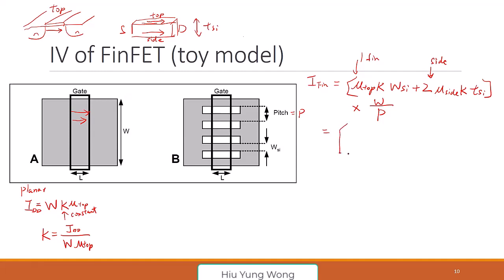I just put in K. So I know K equals, let me take out the K, mu top WSI plus 2 mu psi TSI W on P, then times K, IDD divided by W mu top, W and then divided by IDD mu top. Is this okay?